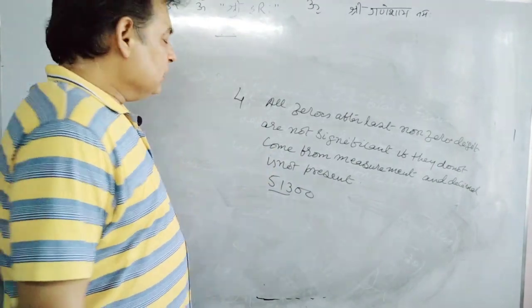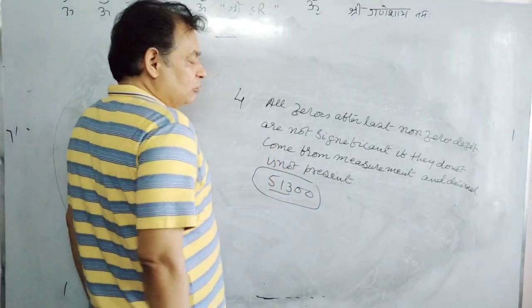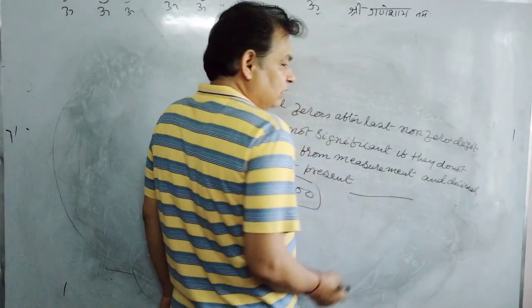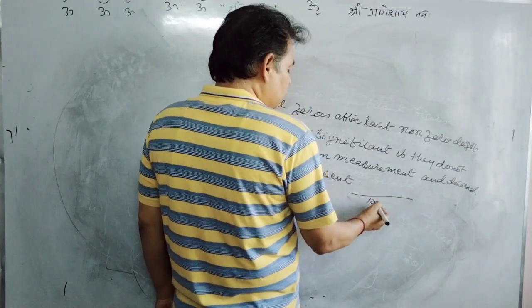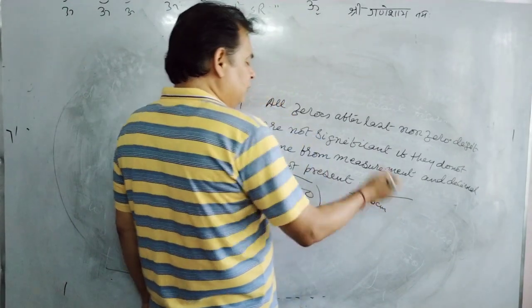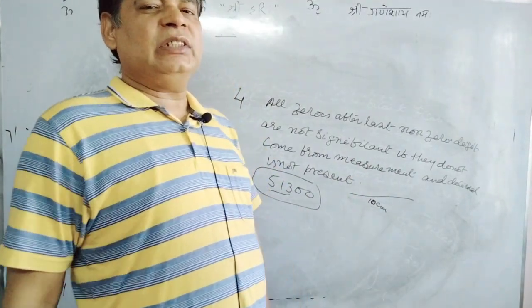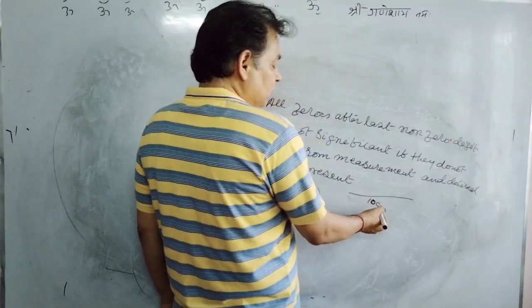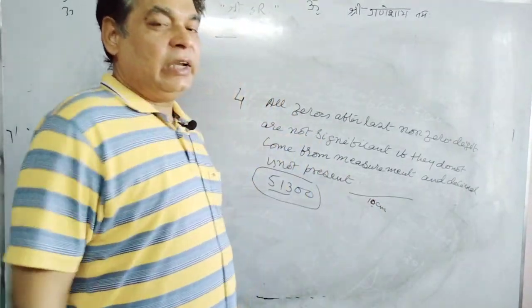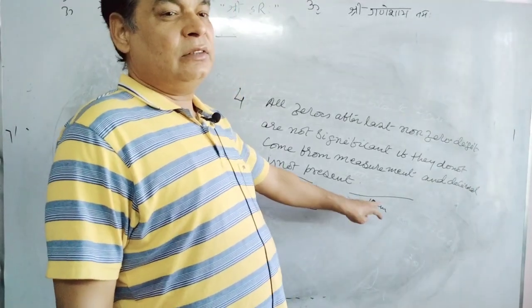Second thing, this value does not come directly from measurement. Suppose this is a line and this line is 10 centimeter. This 0 appears due to direct measurement, not due to conversion of units, etc. So this 0 of 10 centimeter will be significant in spite of being at the end after the last non-zero digit 1.